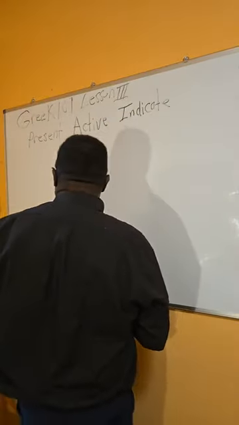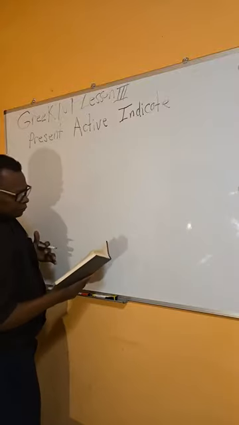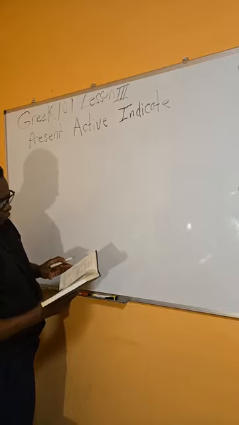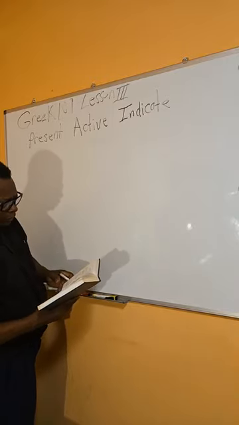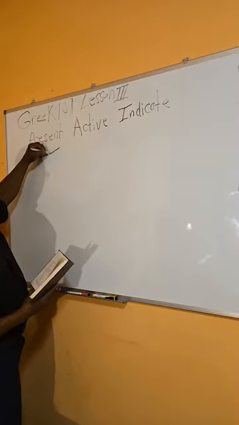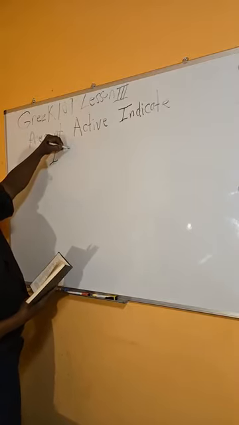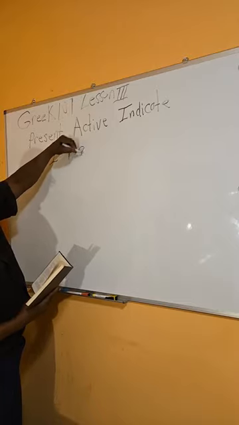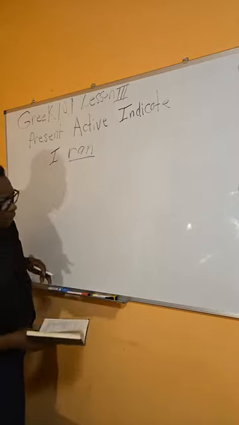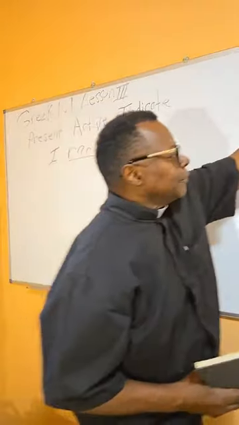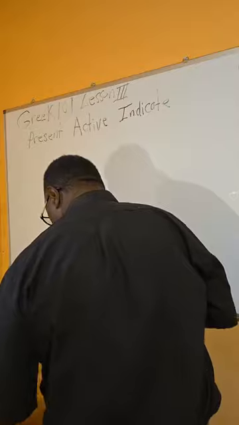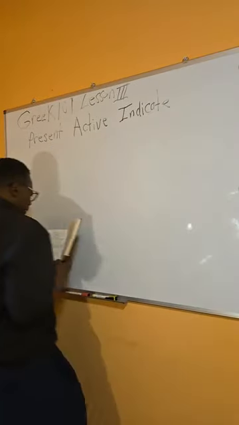It's present active indicative. So we're going to be dealing with what we call Greek verbs, because the verb is the most powerful word. It is the word that is doing the action of the subject. Like, for instance, I ran, R-A-N. That's your verb, ran. It's an action word. And that I is the subject. Now, in Greek, it's not written in 2 parts like I just did.